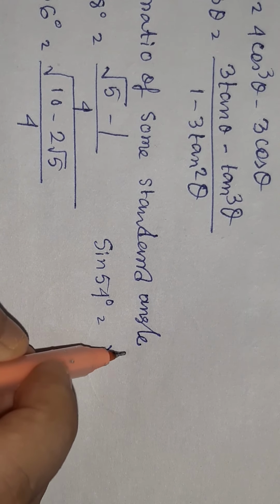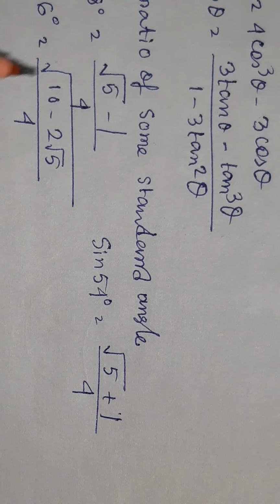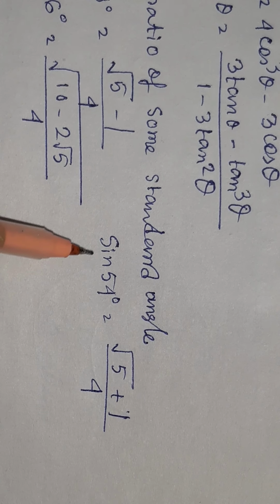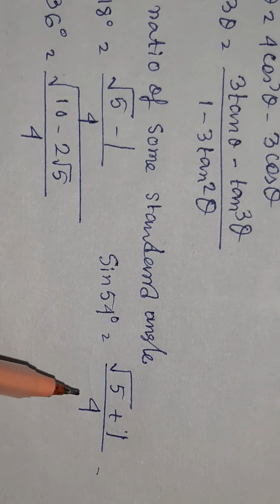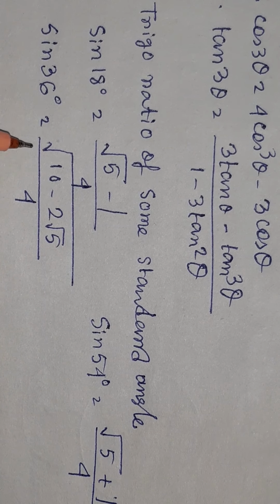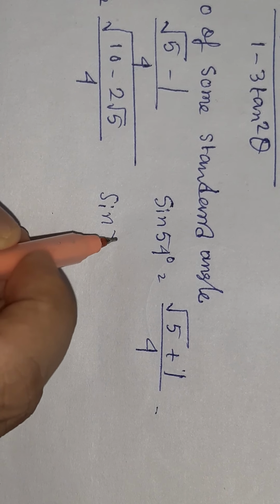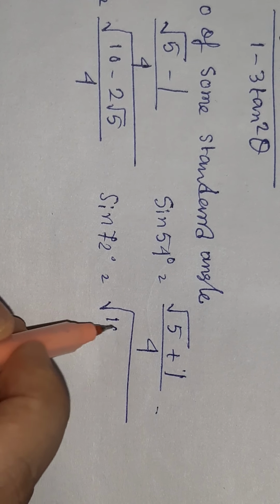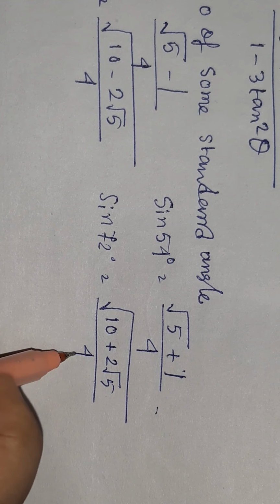This is nothing but root 5 plus 1 by 4. Sin 18 degree is root 5 minus 1 by 4, and sin 54 degree is root 5 plus 1 by 4. Sin 36 degree is equal to root of 10 minus 2 root 5 by 4, and sin 72 degree is equal to root of 10 plus 2 root 5 by 4.